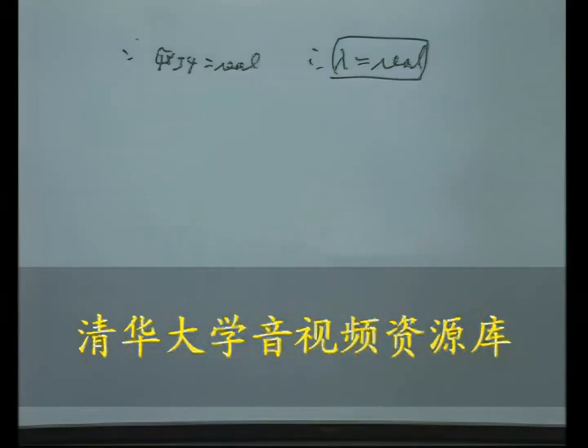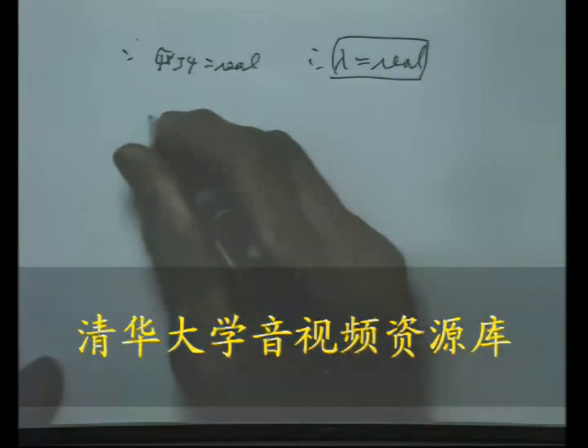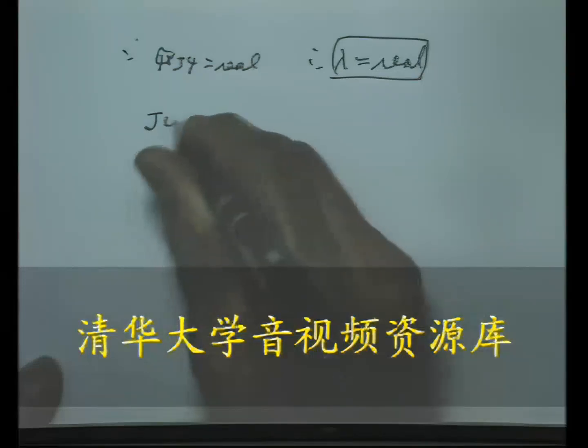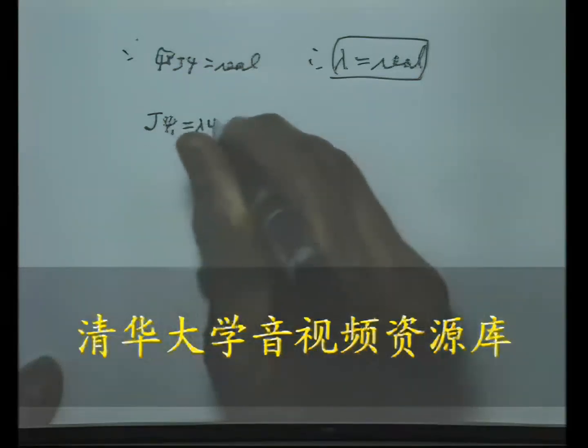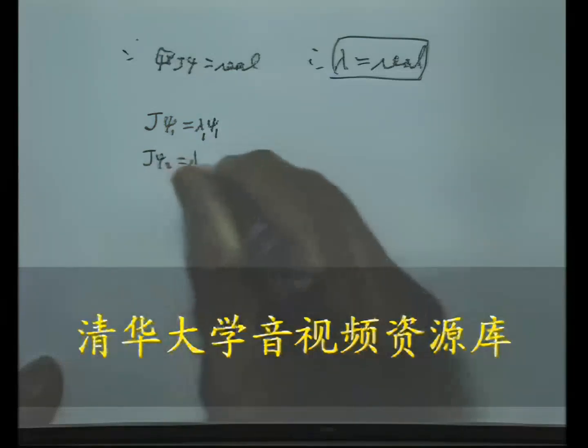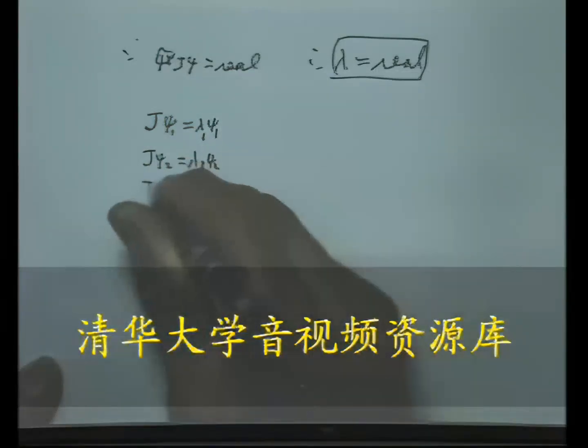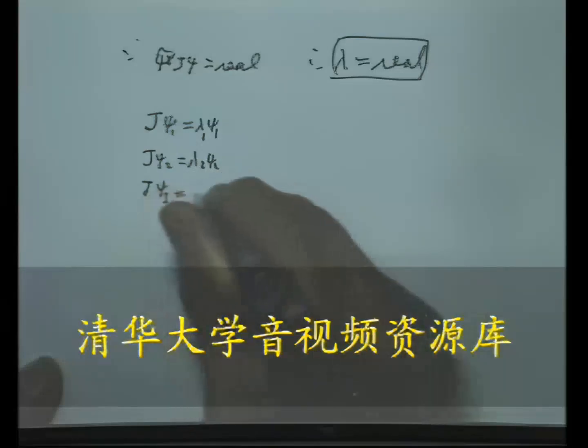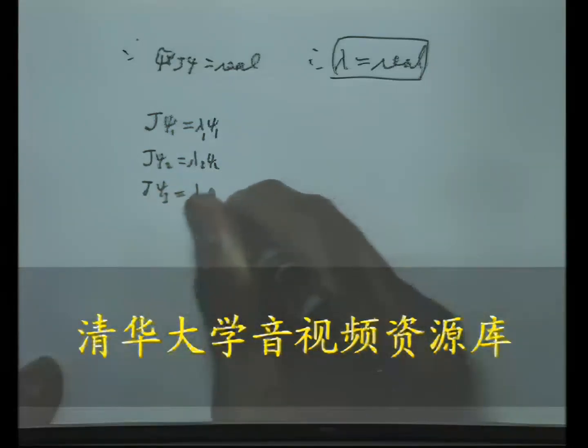So let us have the 3 eigenvalues. So I have J psi 1 is equal to lambda 1 psi 1, J psi 2 is equal to lambda 2 psi 2, J psi 3 is equal to lambda 3 psi 3.